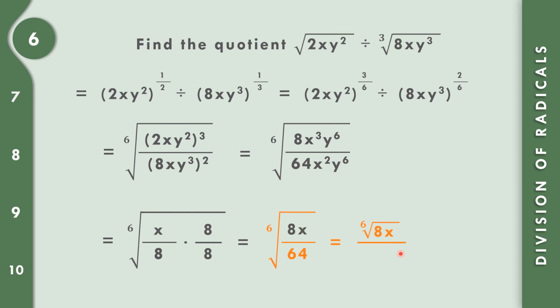So, let us copy. And then 6 root of 64, that is equal to 2. If we try to check, 2 times 2 is 4, times 2 is 8, times 2, 16, times 2, 32, times 2, 64. So the 6 root of 64, the answer is 2. So our final answer is 6 root of 8x over 2.